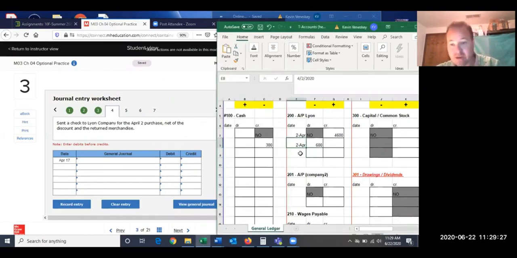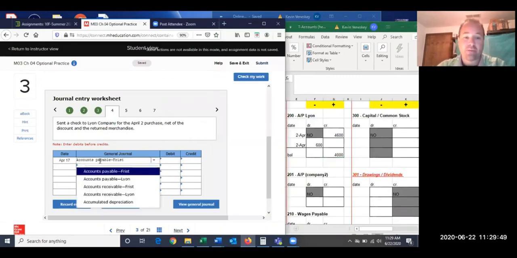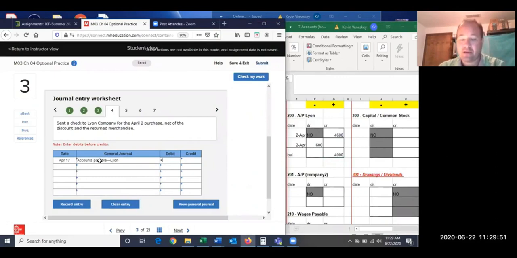So remember, right now we have a balance. If we were going to balance this out at the moment, we have a $4,000 balance. When it's all said and done, I want that to be zero. So to make that go away, my first order of business is to show an accounts payable debit to Lion Company of $4,000.